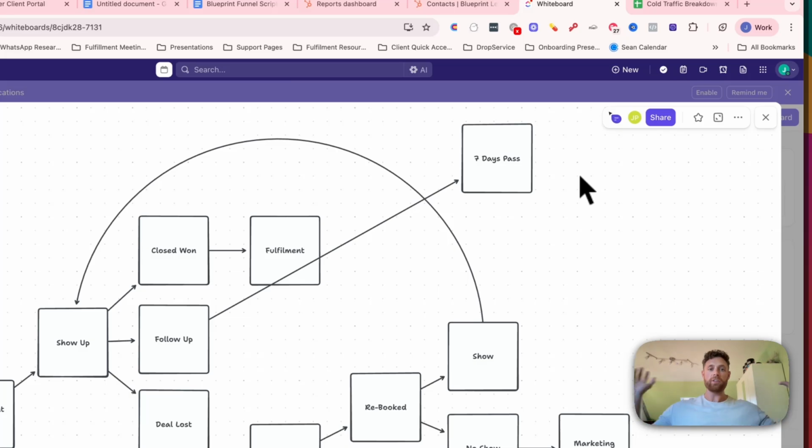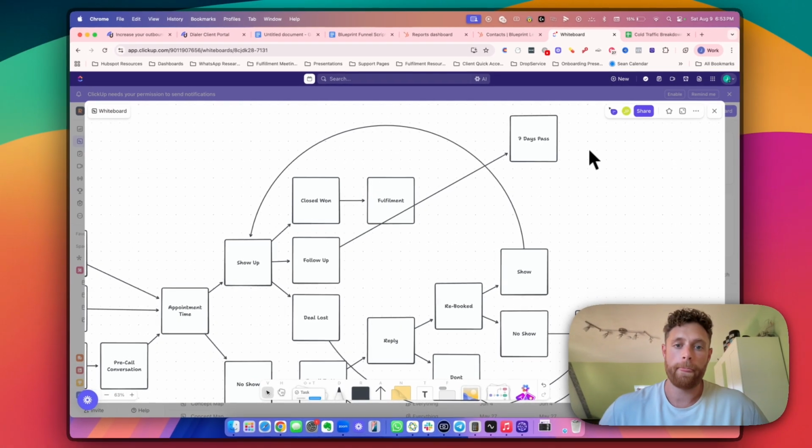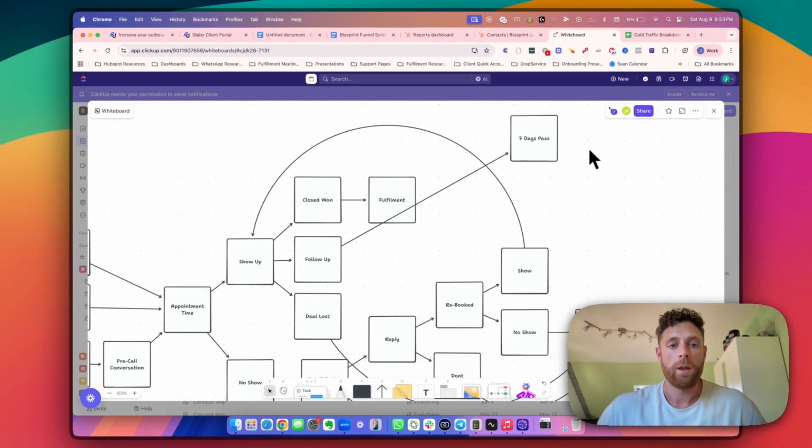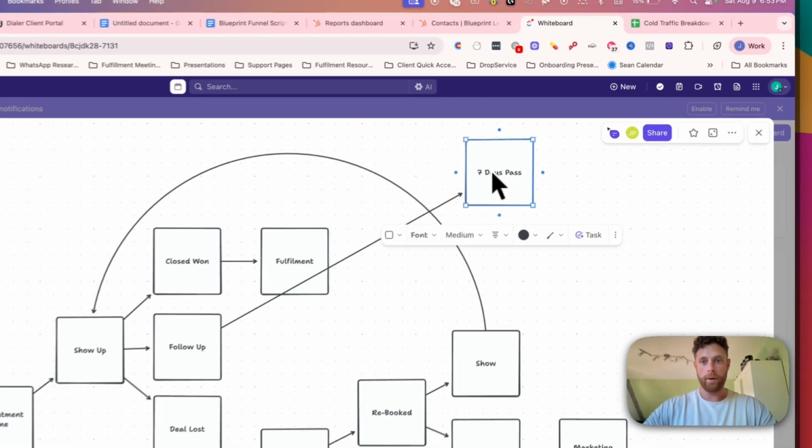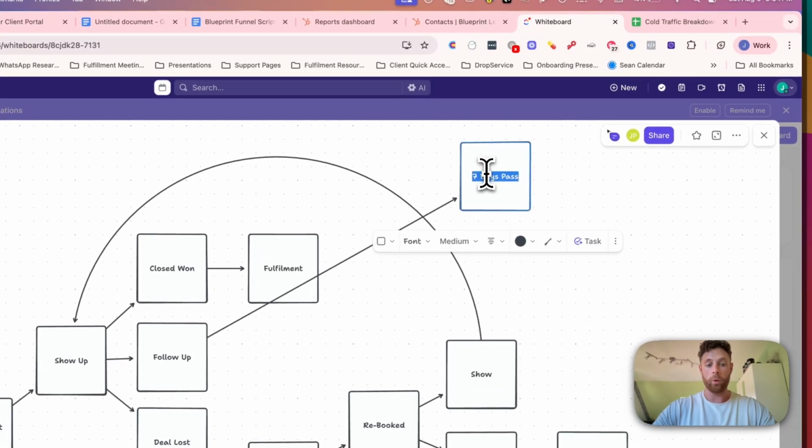Now, this is a little controversial depending on who you are. The question is, if they had an attempt at that lead, so they followed up with them a couple times, tried to close them, couldn't close them. Let's say it's 14 days later. What I do, and let's make it 14 days, and I put a little secret trigger in here.